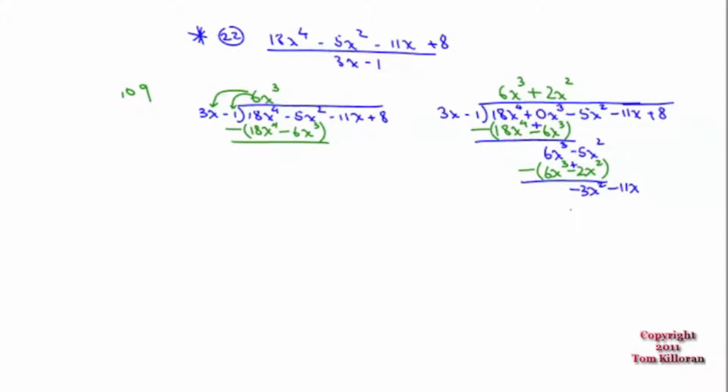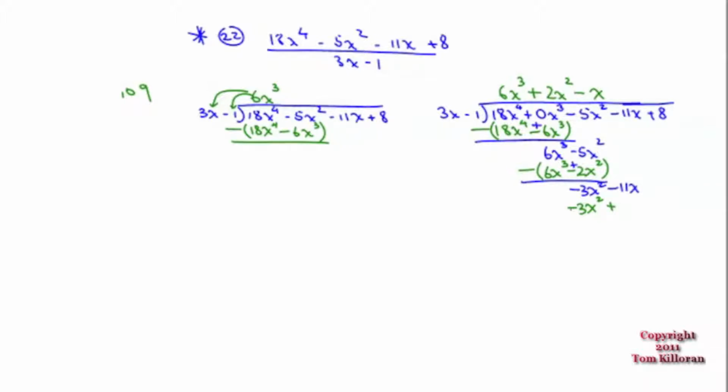All right. What times that 3x way over here to the left is going to give you negative 3x squared down here? Negative x. So negative x times 3x? Negative 3x squared. Negative x times negative 1?